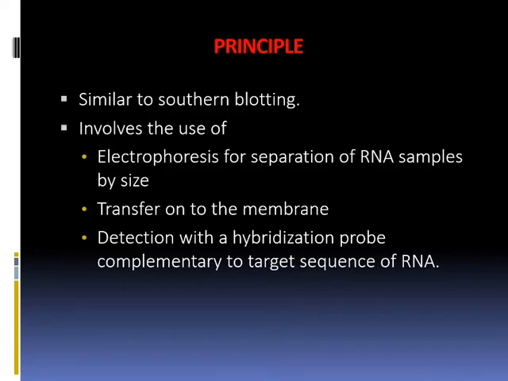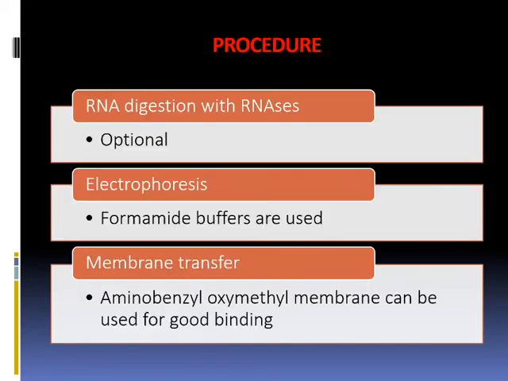Principle: almost all the blottings are similar to Southern blotting. It involves the use of electrophoresis for separation of the RNA sample by size, transfer onto the membrane, and detection by a hybridization probe complementary to the target RNA sequence. Almost the same, but here what we are going to identify is the RNA.